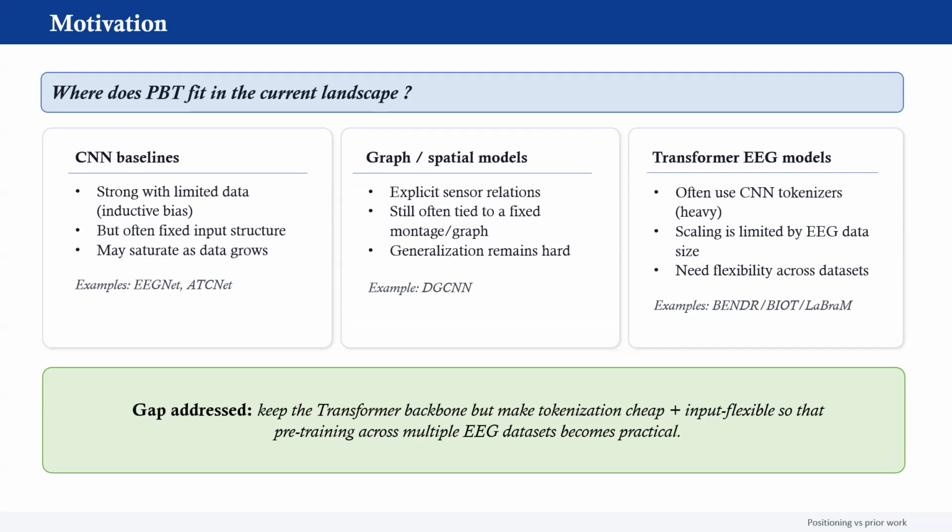The third are transformer-based EEG models. Transformers are again attractive because attention can integrate information globally across channels, which can be very meaningful and useful for certain tasks. But as I mentioned earlier, EEG transformers can rely on a CNN tokenizer to produce tokens.